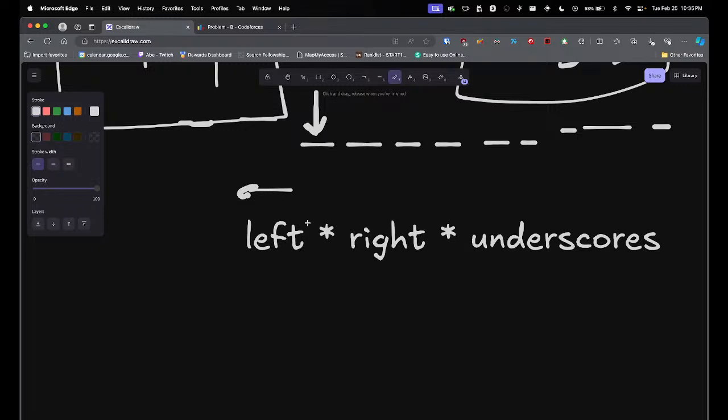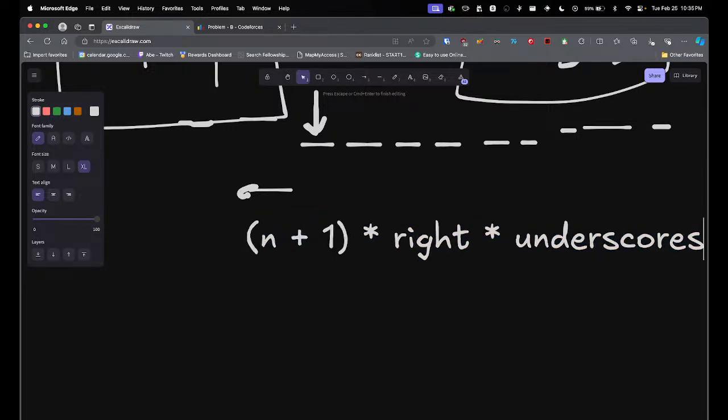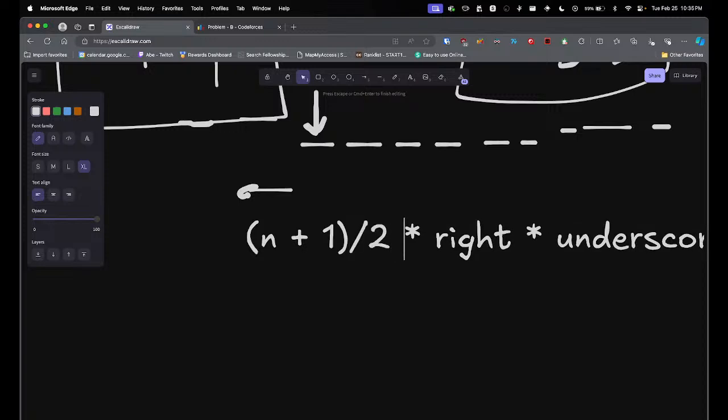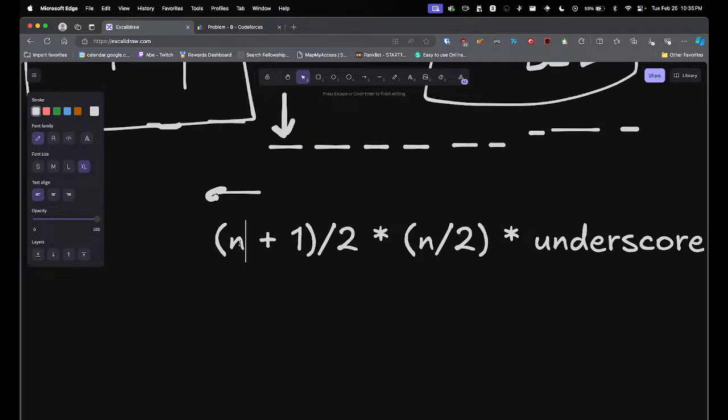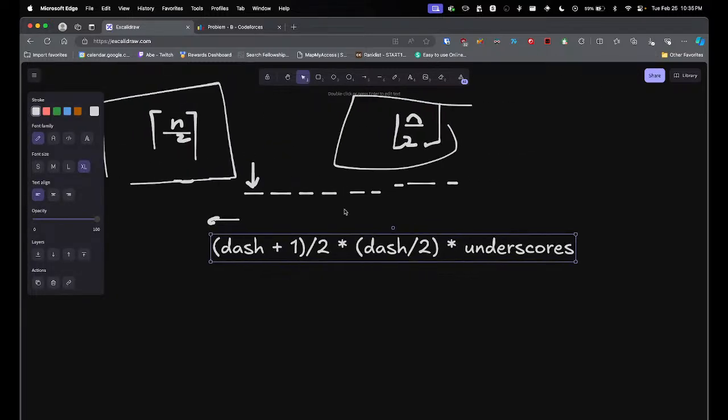So left is (n + 1) by 2, which is basically ceil. Right is n by 2, which is floor. So this is your formula.